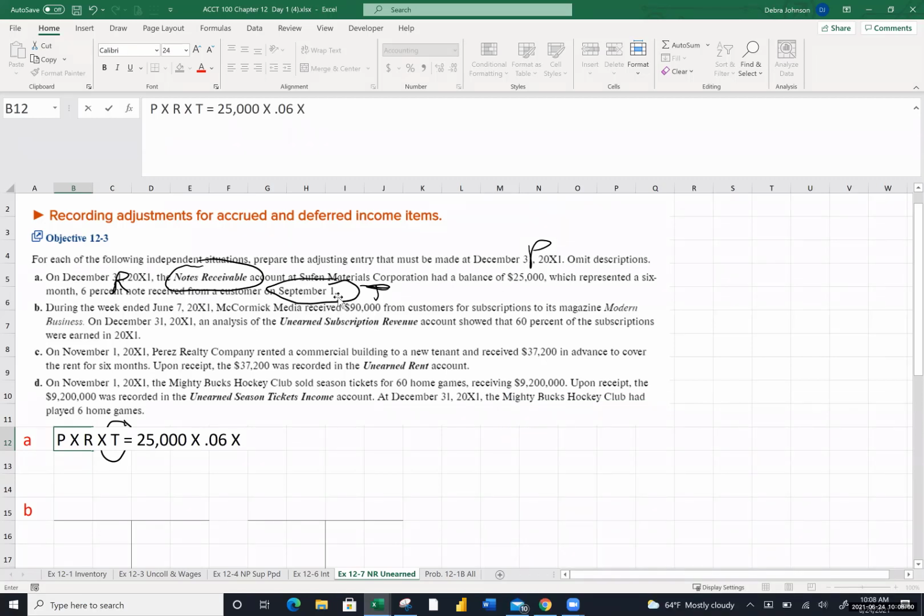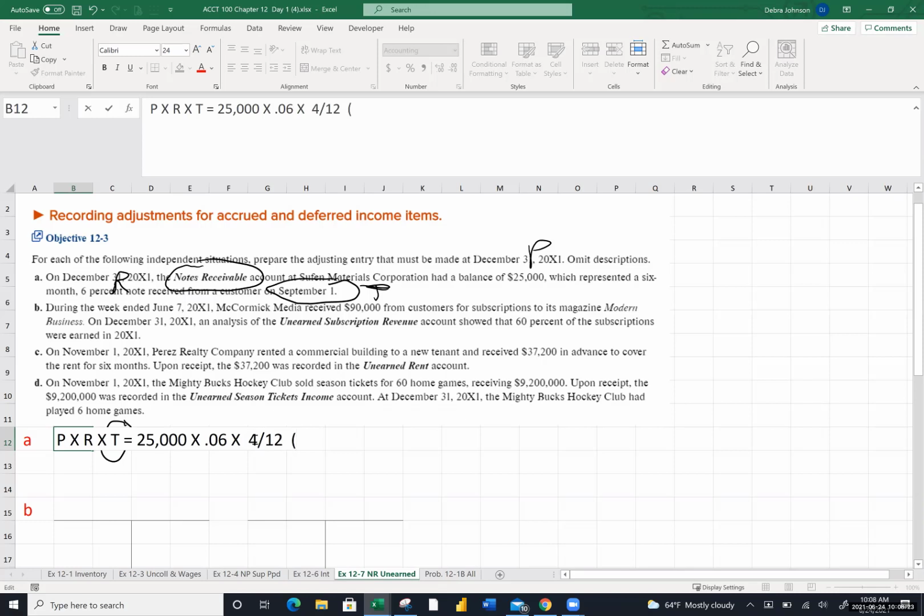So get out your fingers. It's not embarrassing for me to get out my fingers. September, October, November, December. I get 4 months, 4 out of 12. It has nothing to do with the fact that this is a 6-month note. It's how much time has elapsed. So the last part of this is 4 months.